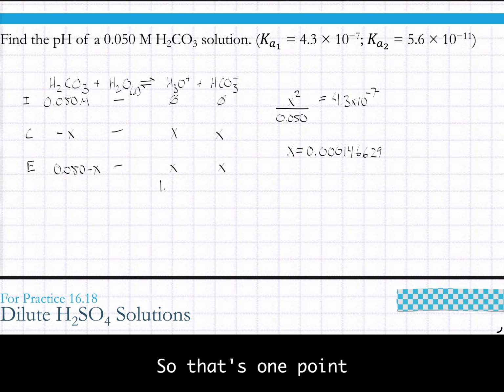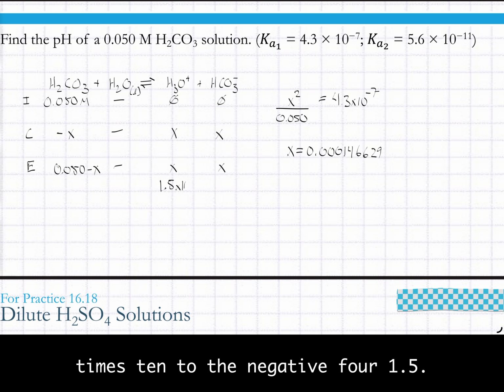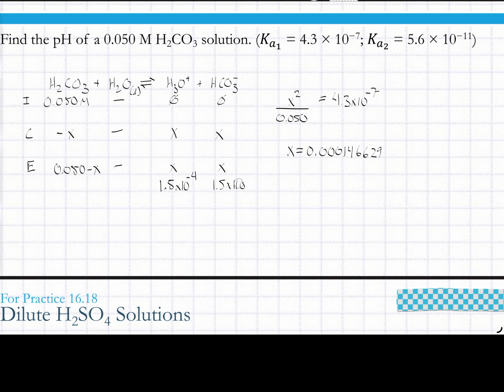So that's 1.5 with 2 sig figs, 1.5 times 10 to the negative 4.